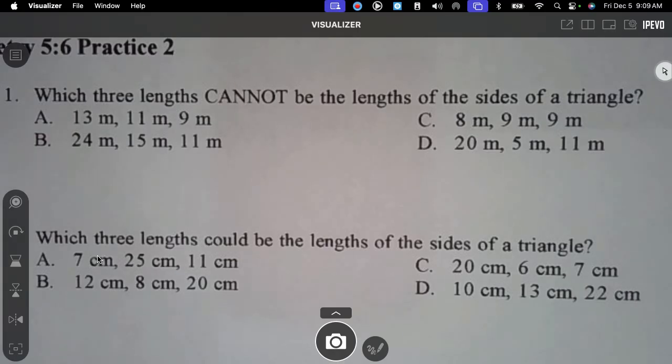Number 2 says which could work, so you look for the one that does work. Do we understand what it's asking for? I'm telling you, just find the smallest 2 numbers in each of them and try those first.